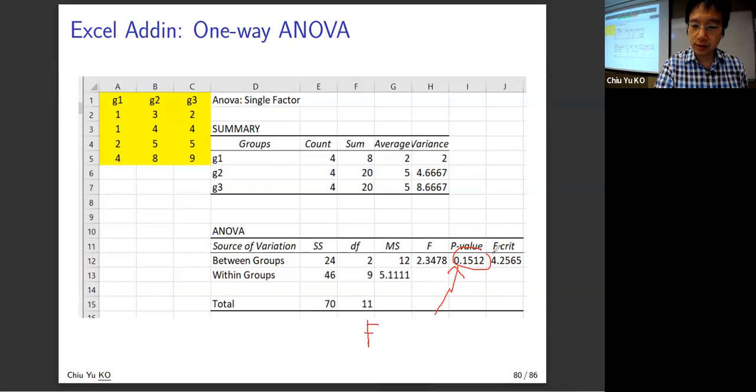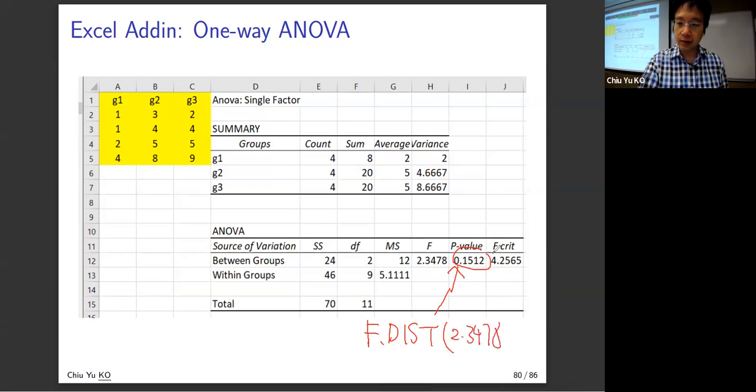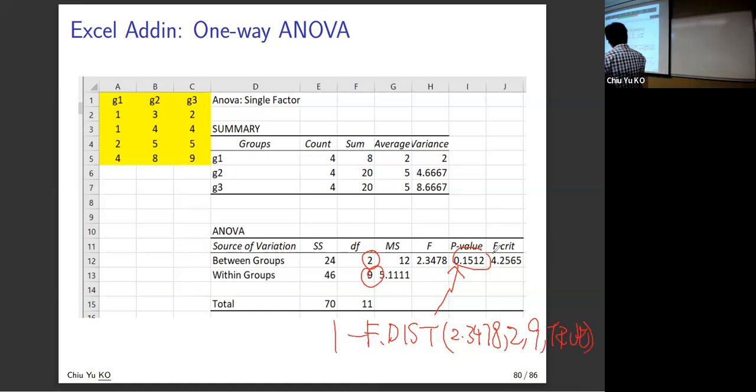Just F inverse, sorry, F dist, and 2.3478, with degrees of freedom 2 and 9. Then 1 minus. Why 1 minus? Because it is a right tail test.